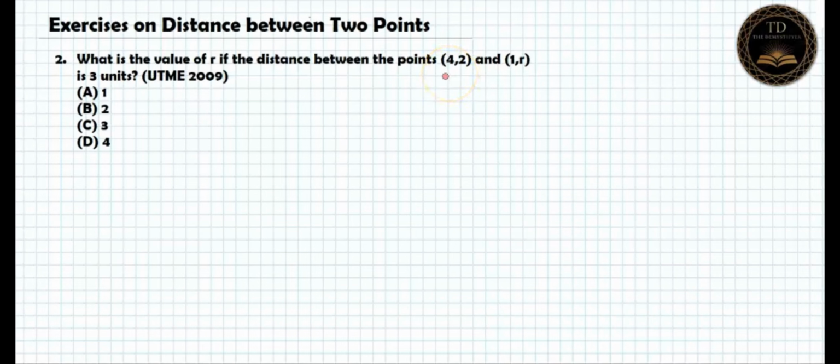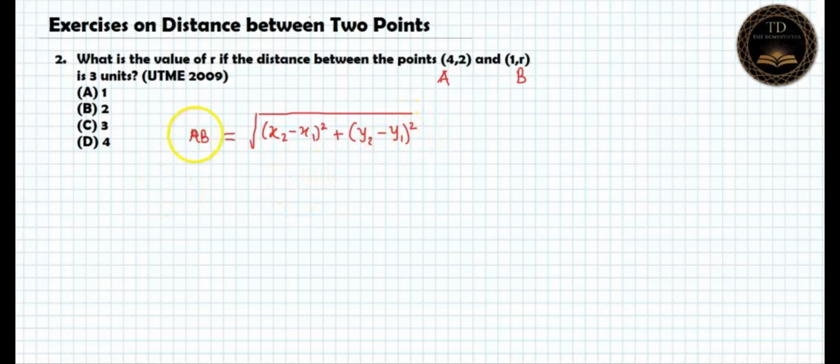For just clarity, you could just label this point here point A, and this point B. Okay, and so we can just write AB, that's the distance between them, is equal to the square root of, remember the formula, x2 minus x1 all squared plus y2 minus y1 all squared.